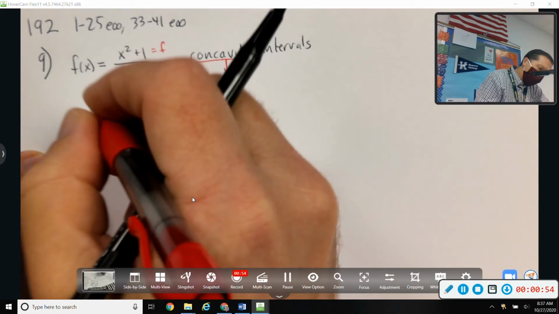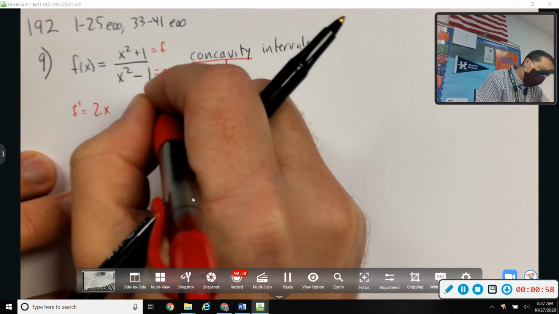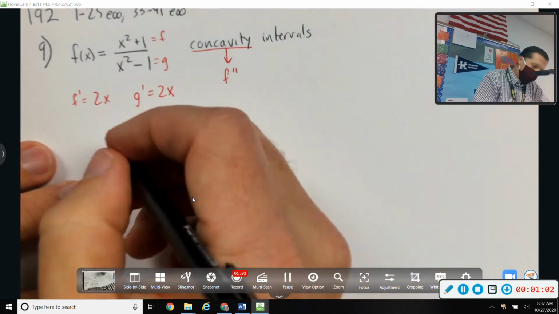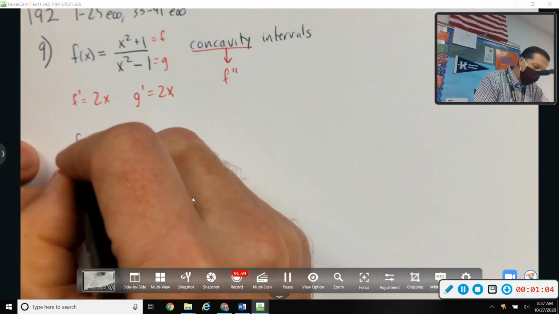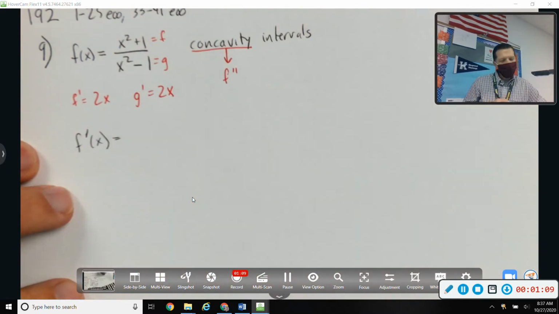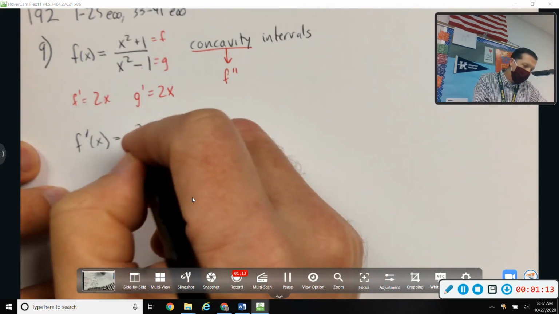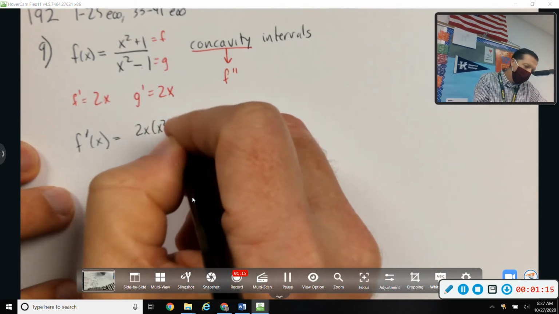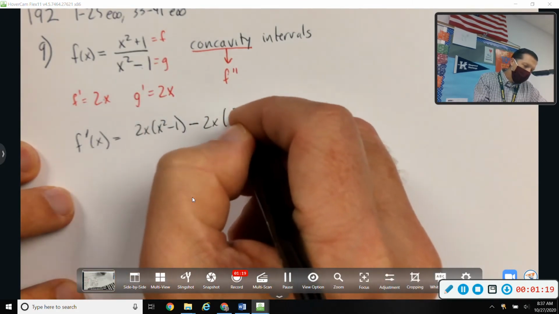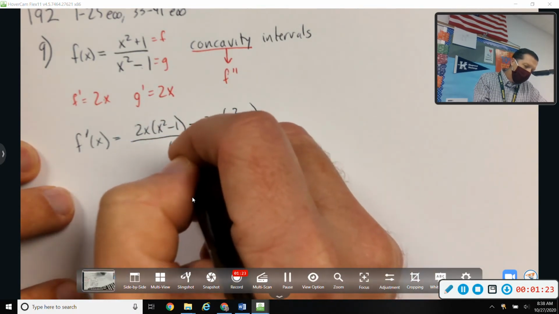So quotient rule, f prime is 2x, g prime is 2x. Maybe that'll make some things work out, we'll see. So quotient rule is g f prime minus f g prime all over g squared.